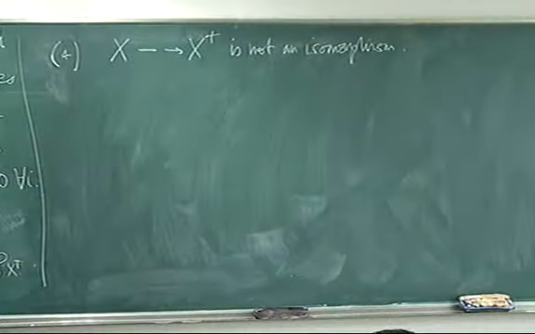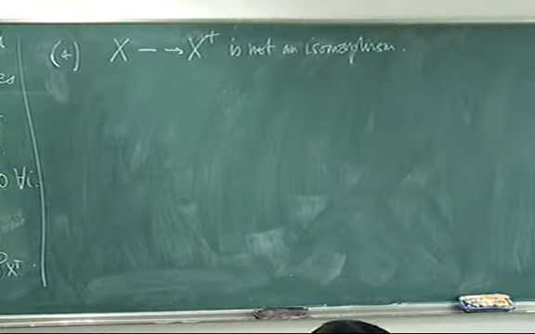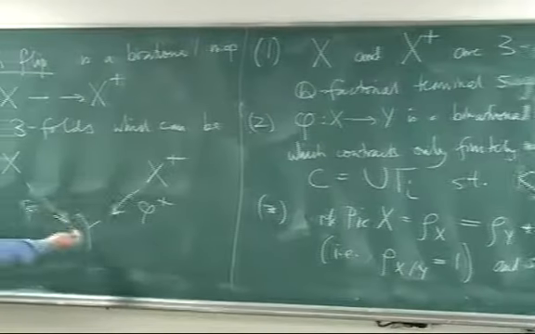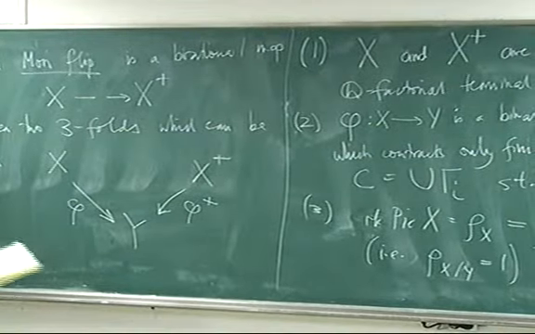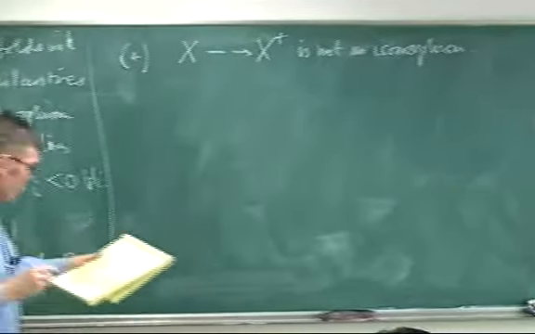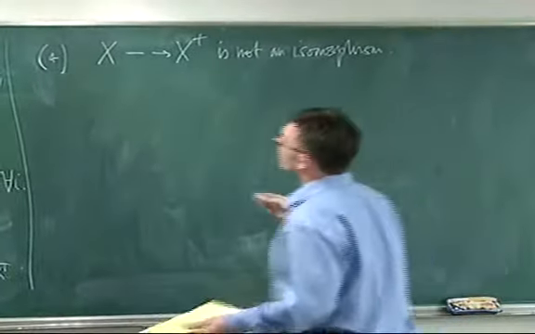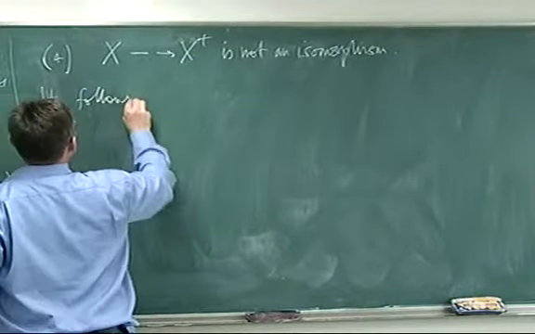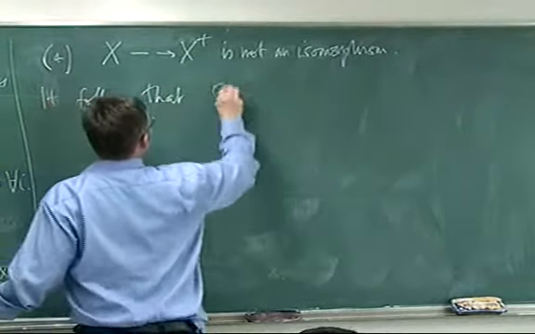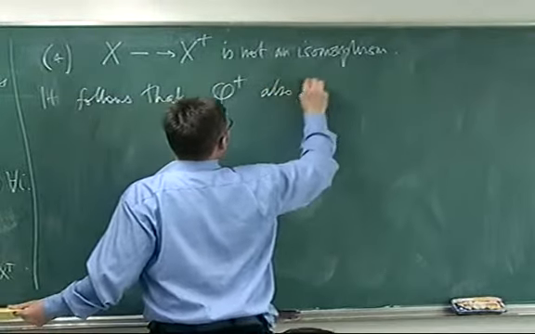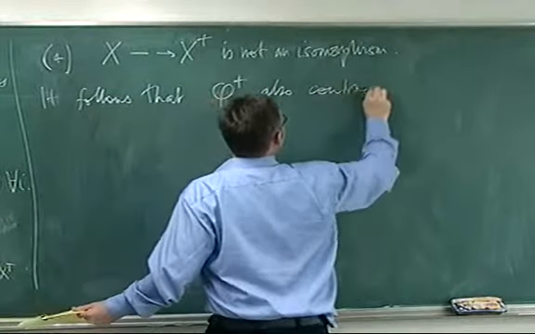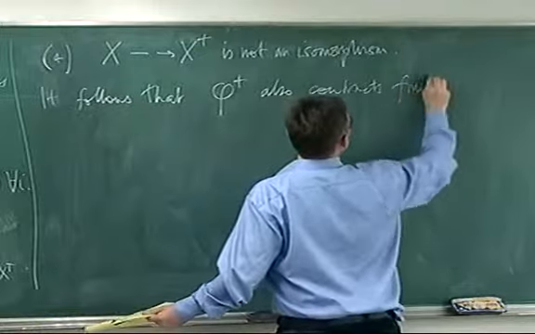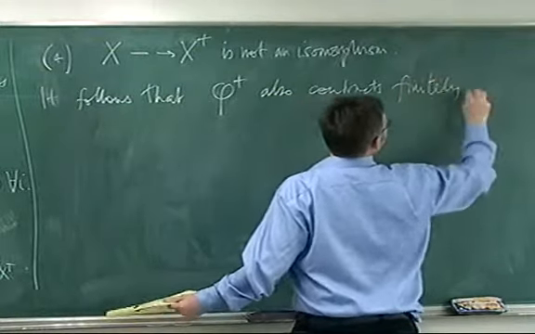Of course, there's a map here from X to X plus, a birational map, which is, these are all birational, so I can just take phi and then the inverse of phi plus. So I could put this as 5, or I could say it follows that phi plus also contracts finitely many curves.